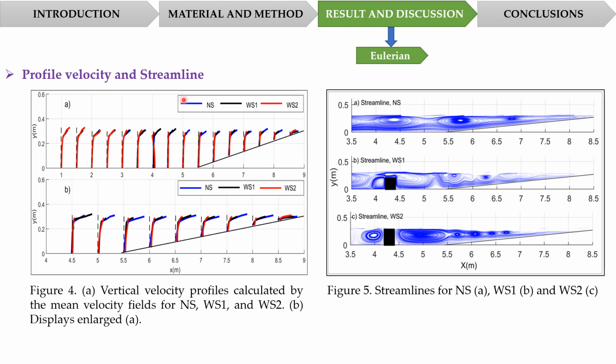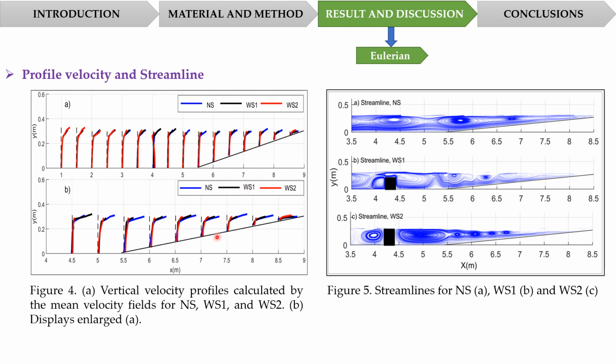We have the blue line, and with structure we have 3K, WS1 and WS2, the black line and red line. The difference between WS1 and WS2 is the structure height.